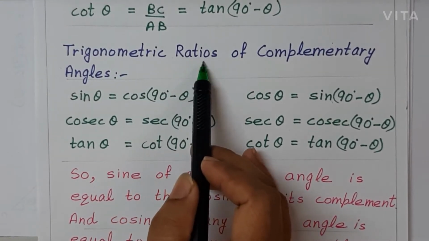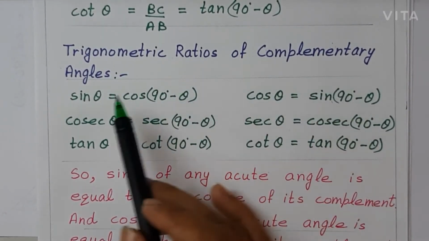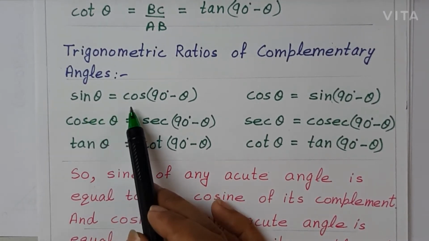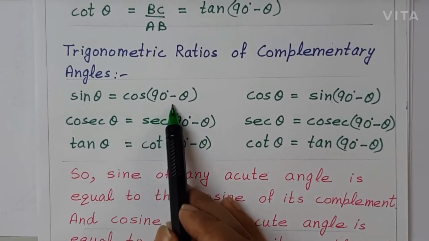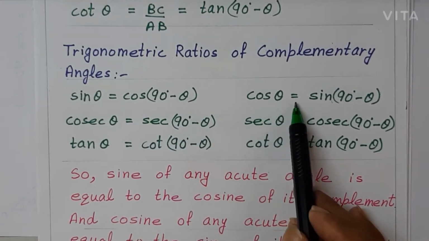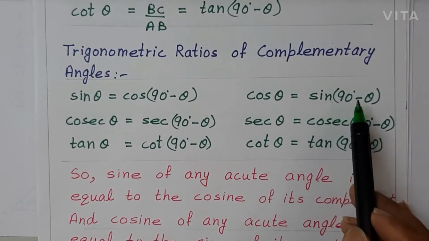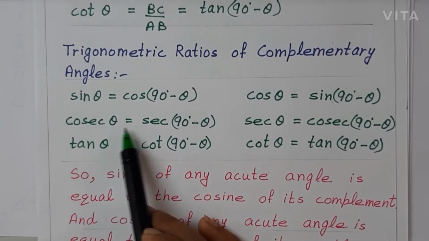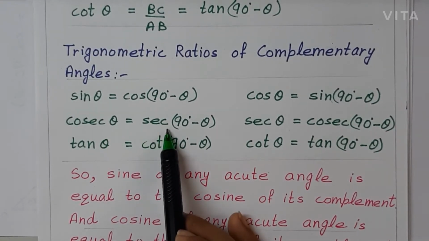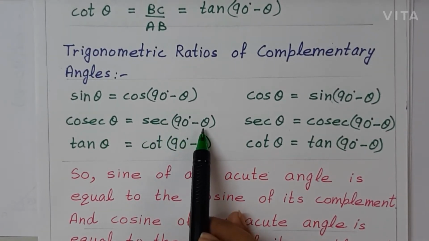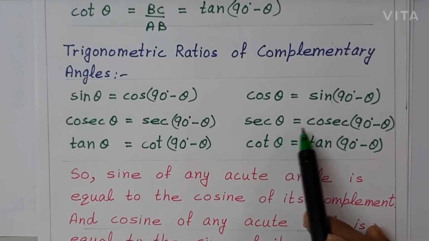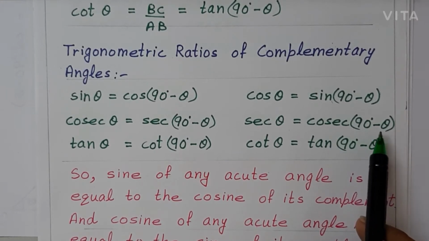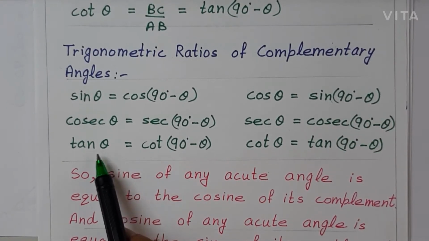Trigonometric ratios of complementary angles are: sine theta is equal to cos 90 minus theta, cos theta is equal to sine 90 minus theta, then cosecant theta is equal to secant 90 minus theta, and secant theta is equal to cosecant 90 minus theta, and the last one is tangent and cot.